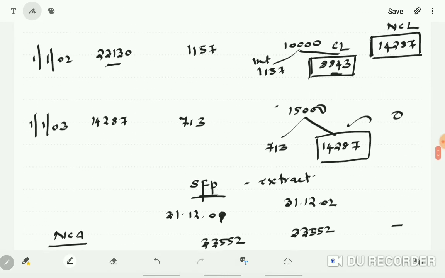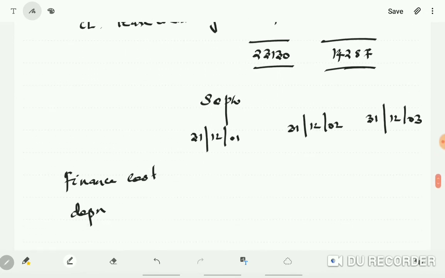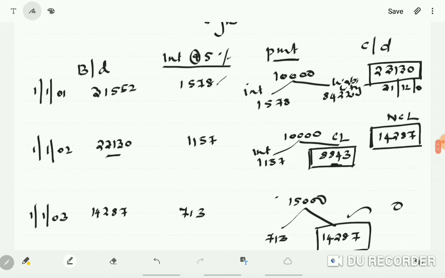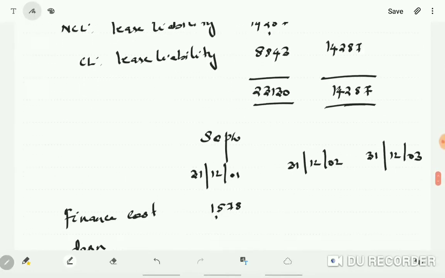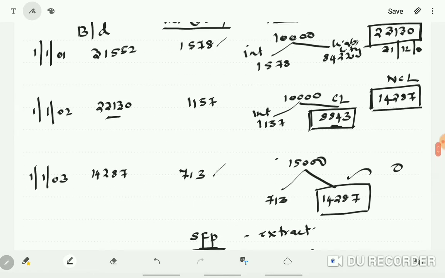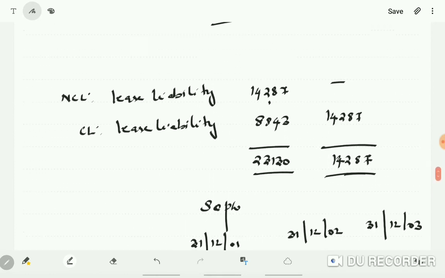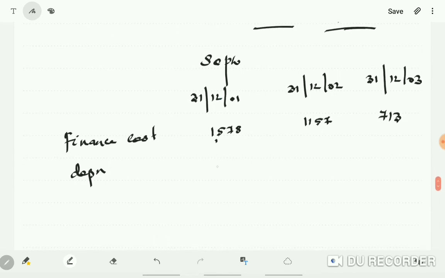Finance cost for the first year is 1,578, the second year is 1,157, the third year 713. And depreciation is the same amount every year, 11,184, 11,184. That's all.